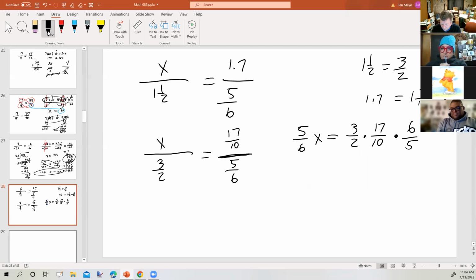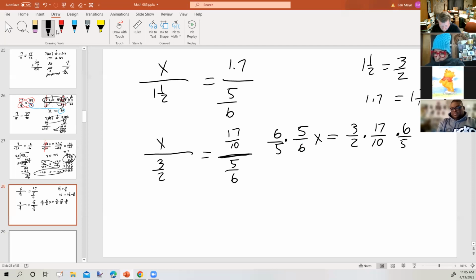When the coefficient of the variable is a fraction, rather than divide both sides by that fraction and then on the right side change it to multiplying by its reciprocal, let's go straight to multiplying by its reciprocal. Saves you a step. That's where you're going to end up on the right side anyway. Okay.